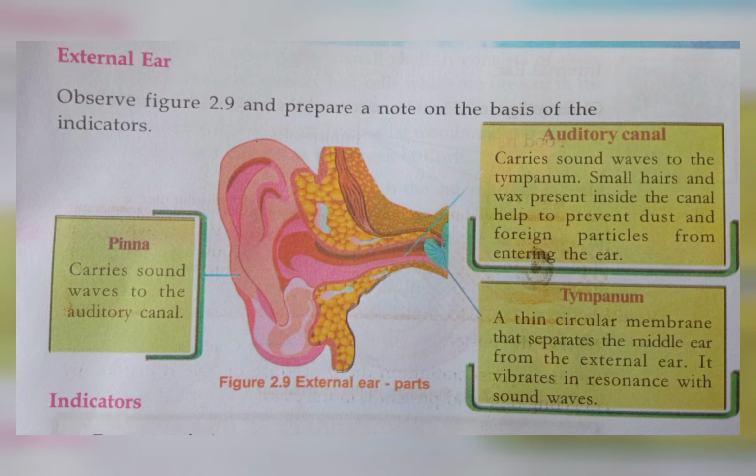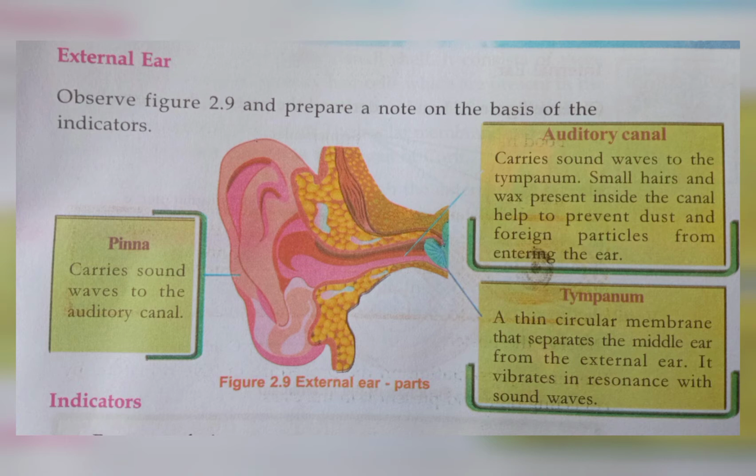The last one is the tympanum. It is a thin circular membrane that separates the middle ear from the external ear. It vibrates in resonance with the sound wave. When the sound wave falls on the tympanum, it vibrates according to the sound; that is known as resonance.